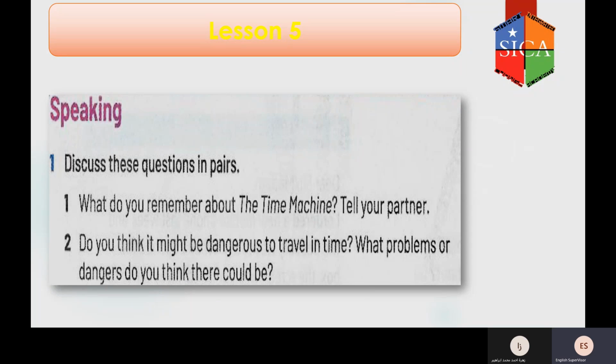Great. Question number 2. Do you think it might be dangerous to travel in time? What problems or dangers do you think there could be? The first part. Do you think it might be dangerous to travel in time? Yes or no? Yes. Great. What problems or dangers do you think there could be?